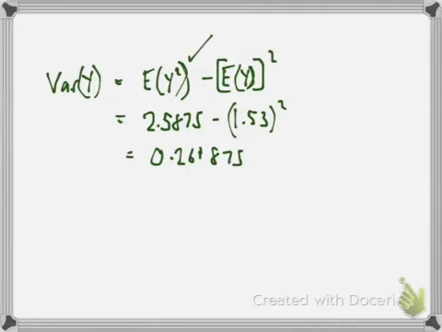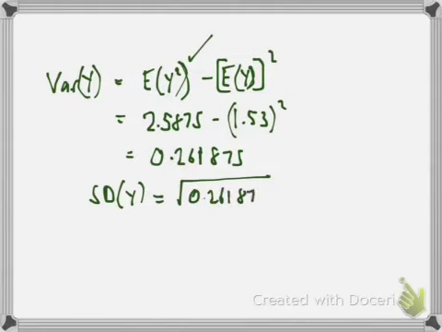And to get our standard deviation of y, the standard deviation of y is going to be the square root of 0.261875, and that is to 2 decimal places because we're dealing with money here. It's 0.51, which is 51 cents.